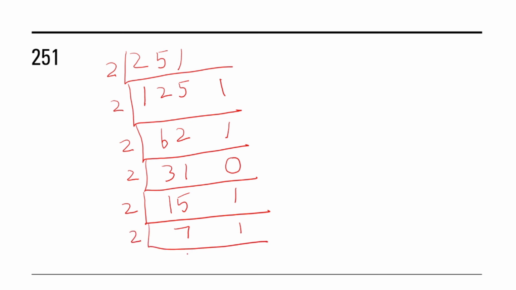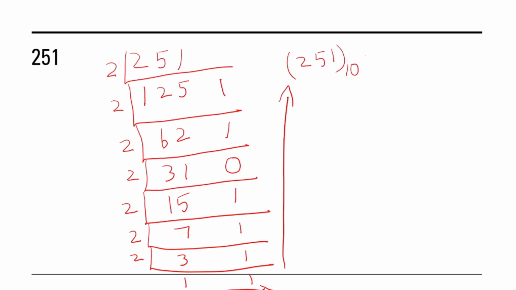Then again dividing by 2, the quotient is 3, remainder is 1. Again dividing by 2, the quotient is 1, remainder is 1. So we have obtained the quotient as 1. This is the place where we stop, and we follow this direction to write the binary number. So the binary number for 251 to the base 10 is 11111011 to the base 2.